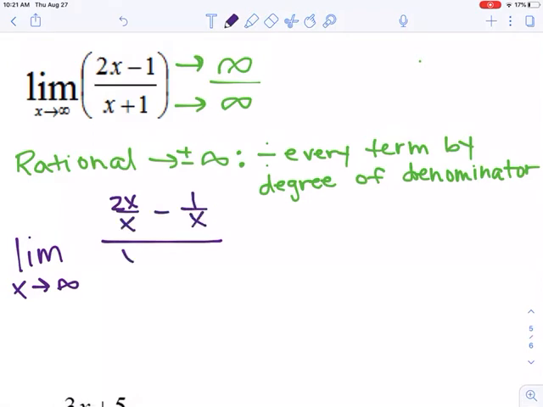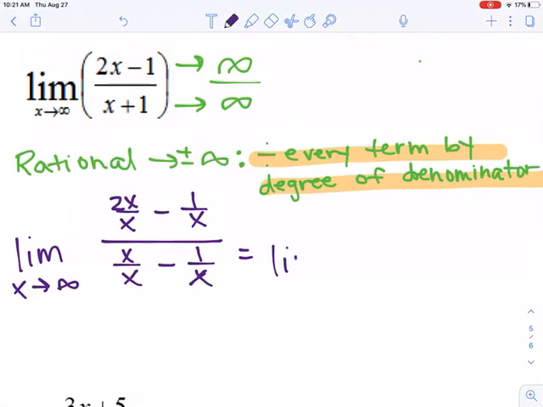Our denominator has a degree of 1, so x to the first. So every single term in numerator and denominator is going to get divided by that degree of the denominator. Okay. We were looking for the degree of the denominator, and every term gets divided by that.